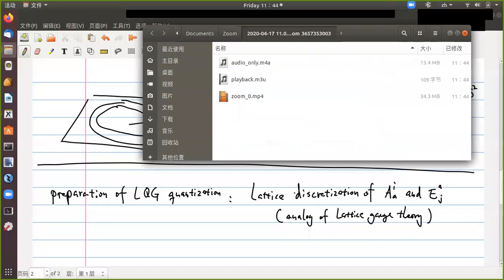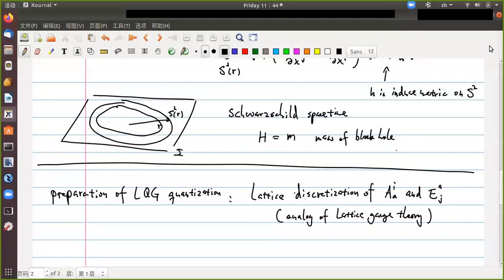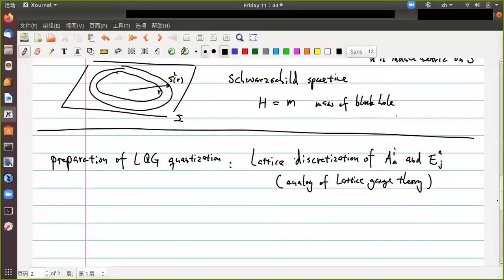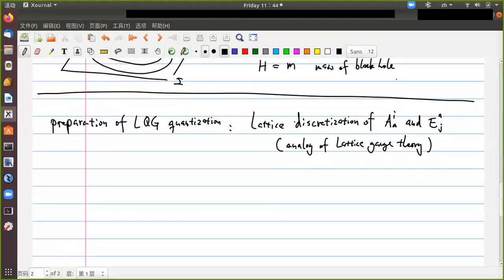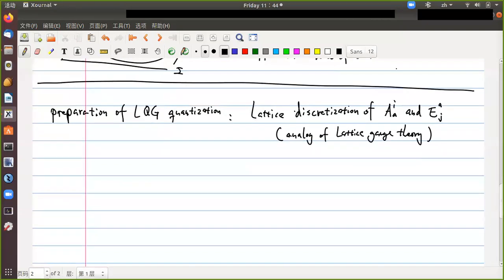So a natural starting point is to make the quantization similar to lattice gauge theory, because we had some experience with non-perturbative quantization in lattice gauge theory.